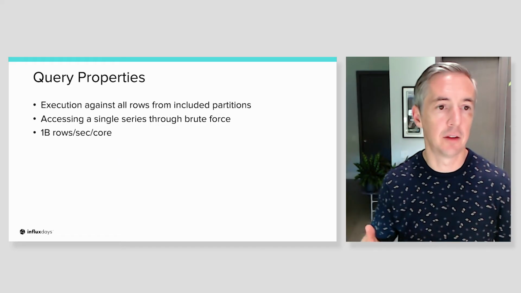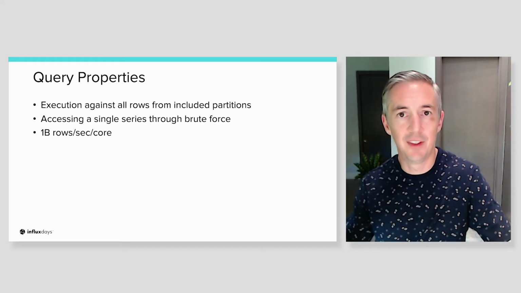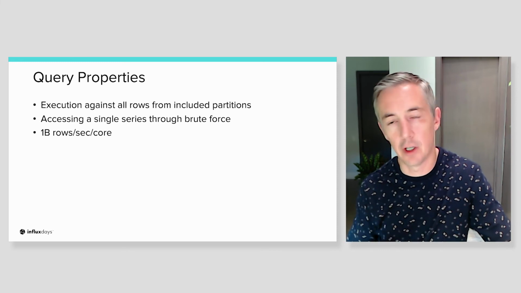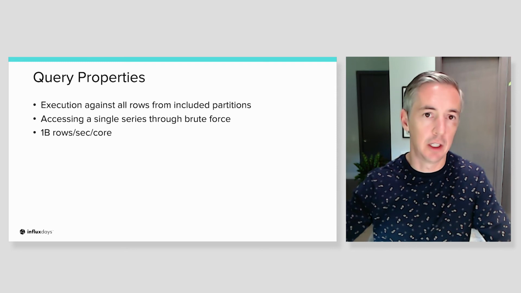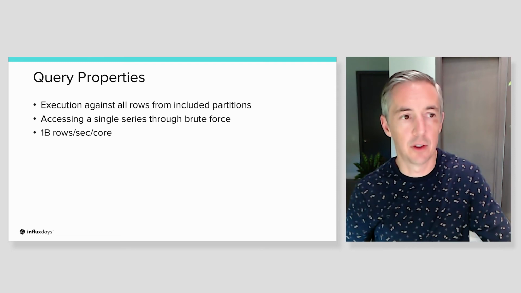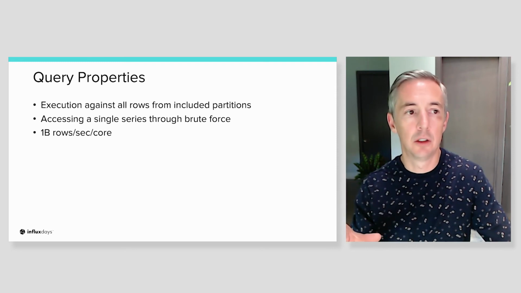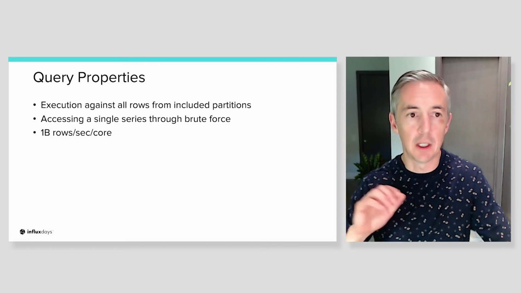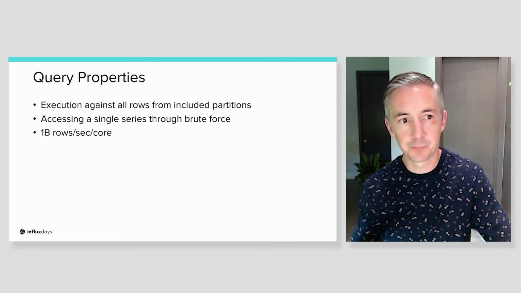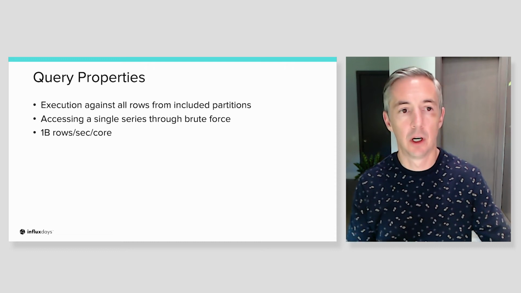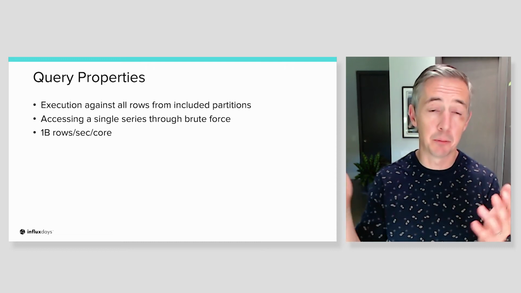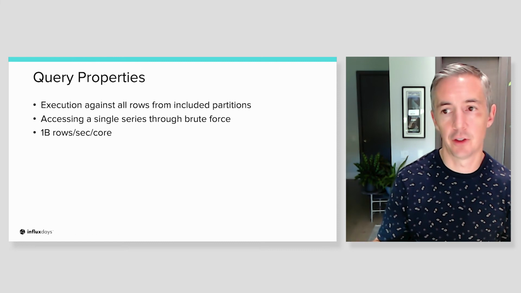There are common things with this kind of query setup. They're very, very different from the standard time series database of inverted index and raw time series. The execution goes against all rows from the included partitions. So if you're going to access an individual series, you do it through a combination of pruning partitions and then brute force on the partitions that are left.